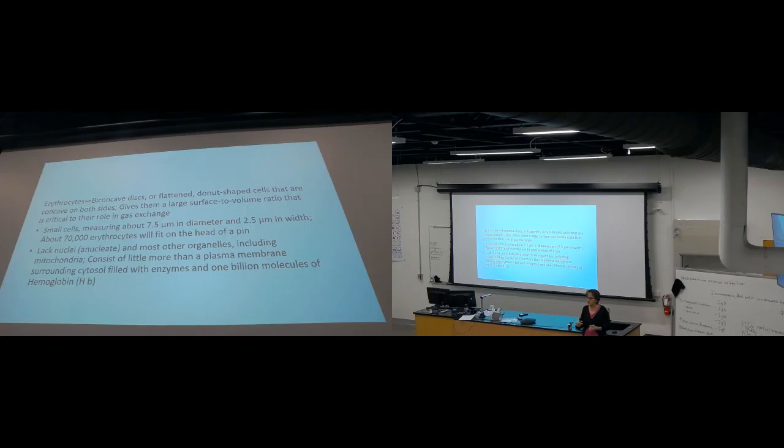It helps them to absorb a lot of oxygen. So they are basically the cells specialized to bring oxygen to the cells, but also carry CO2. And that's the reason why they don't have a nucleus, because the nucleus would interfere with the carrying capacity of the cells. So they need to have the space to carry oxygen and CO2.